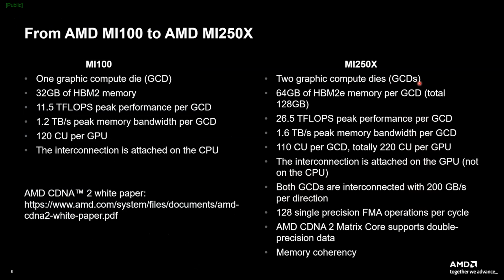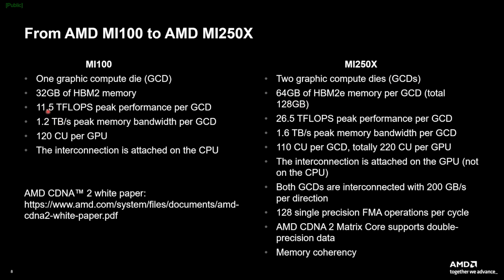Now, the GPU term is in SLURM, right? One GPU has two GCDs. Before we had 32 GB memory, now we have 64 GB of HBM2E memory per GCD, totally 128. But if you reserve one GPU, you have 64 GB of memory, not 128. You need to reserve both of them.